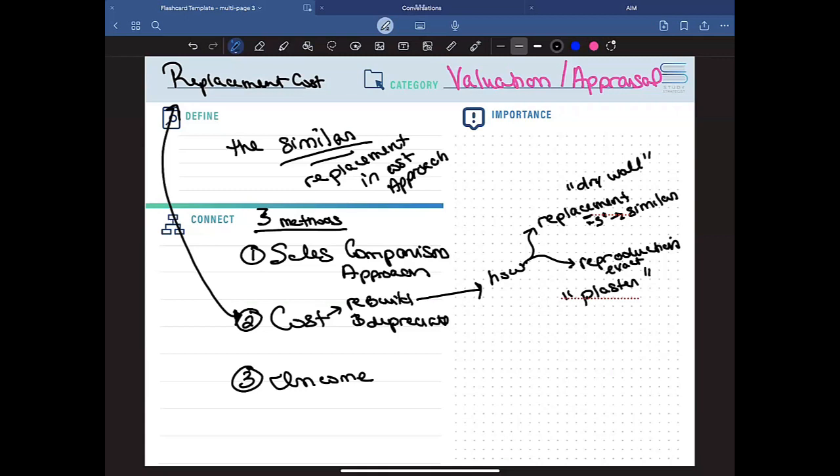Now, we know that there's replacement and there's reproduction, but when they rebuild it, don't forget they have to know the money cost. And if we talk about that, you've got 3 options here. You've got the quantity survey method. You've got the, good God, I can see it in my head. There's the square foot method.